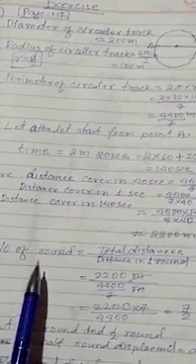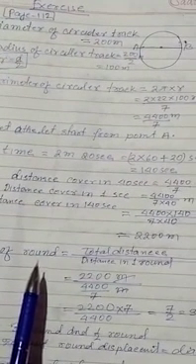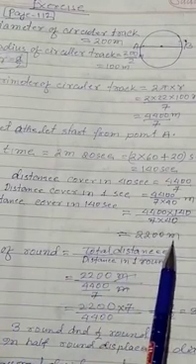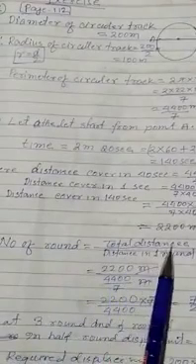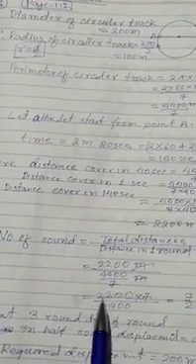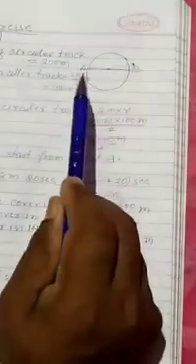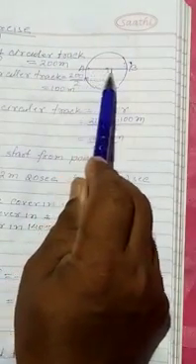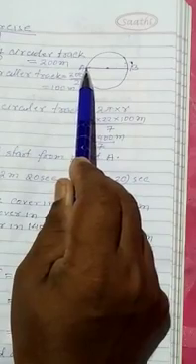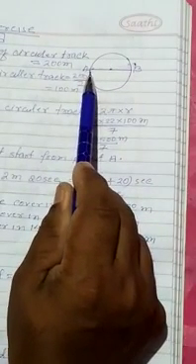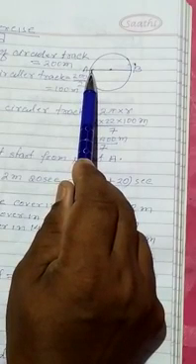So find the distance covered in 140 seconds. Number of rounds equal to total distance divided by distance in one round. So it is half, half meaning the diameter. If we go around this track starting from A and come back to A, then the displacement is 0.